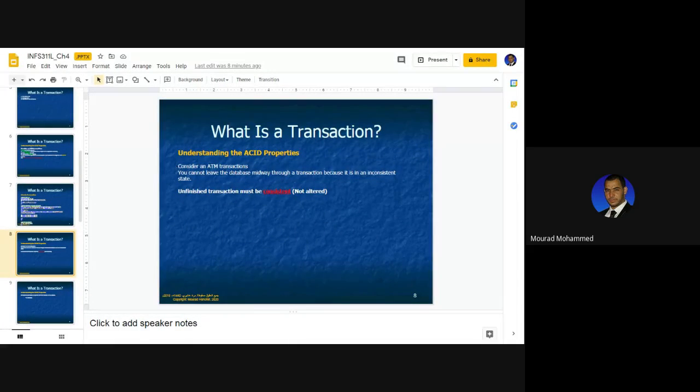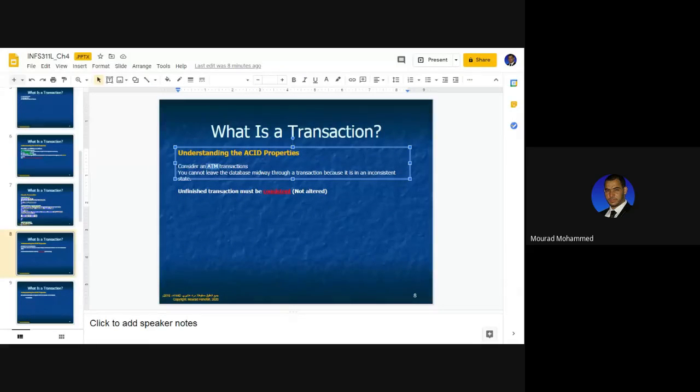No. If something happens in between, we usually give the same example of the ATM machine. If the electricity or a short circuit happens in between while a transaction is being executed, the effect has to be rolled back. We don't say that the customer has withdrawn the money, so the machine cannot make an update because the electricity has shorted.